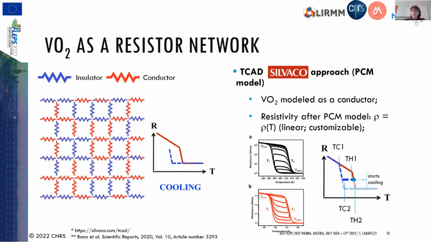In particular, in TCAD Silvaco, vanadium dioxide is modeled as a conductor, and the resistivity of this conductor is made locally dependent on the temperature. This has been achieved by customizing an already available model for the resistivity, the so-called PCM model.